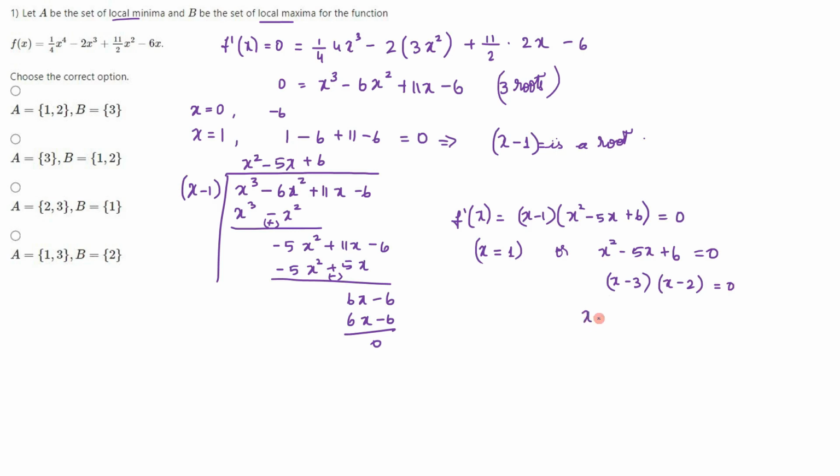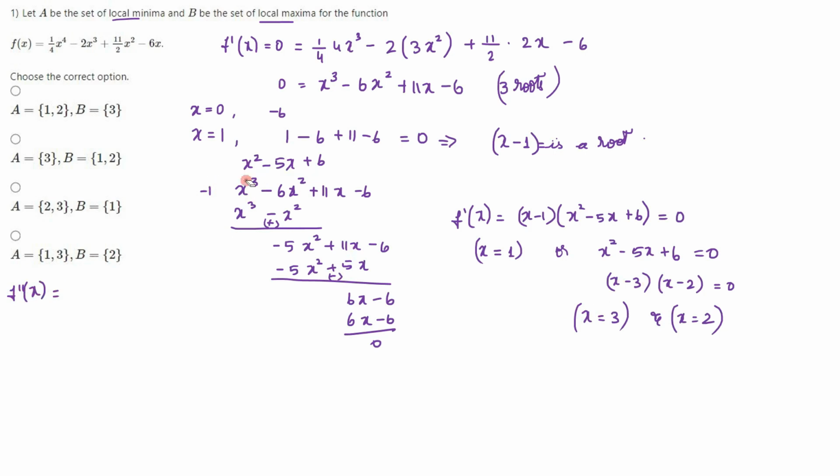So the roots are x equal to 3 and x equal to 2. Now we have 3 roots. To find the local minima or maxima, we have to use the second derivative method.